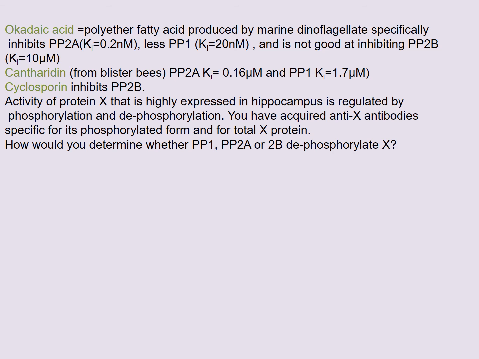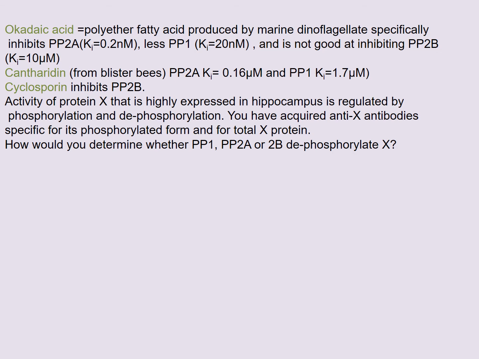On the other hand, we have the inhibitor cantharidin that inhibits PP1 much more than PP2A. And then finally we have cyclosporin, which is a very specific inhibitor of PP2B, or calcineurin.